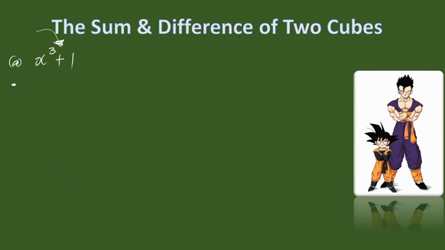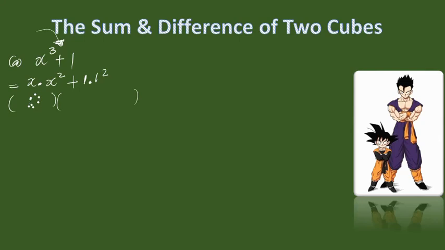So now, let's do this. I have an x cubed. An x cubed is formed by x multiplied by x squared, right? Keep it like that. And then here I have a 1. A 1 is also a perfect cube that is formed by 1 multiplied by 1 squared, right? So after seeing that, I open 2 brackets. One bracket must accommodate the binomial. The other bracket must accommodate the trinomial.